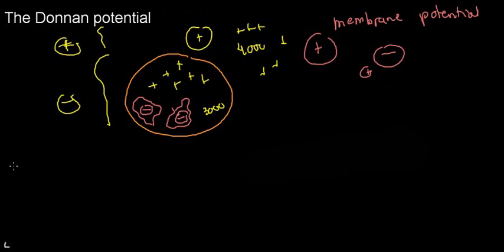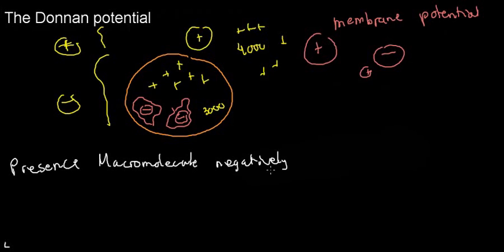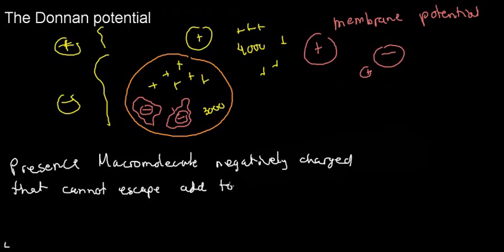So whatever way you choose to remember it, we can say the presence of negatively charged macromolecules that cannot escape, add to the membrane potential, or add to the membrane negative potential.